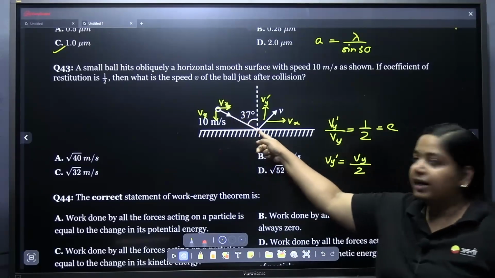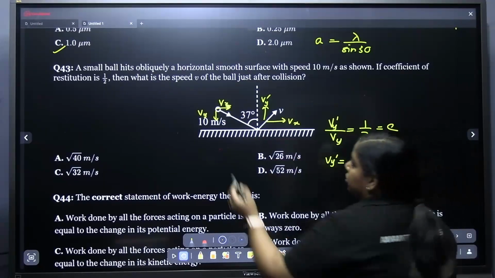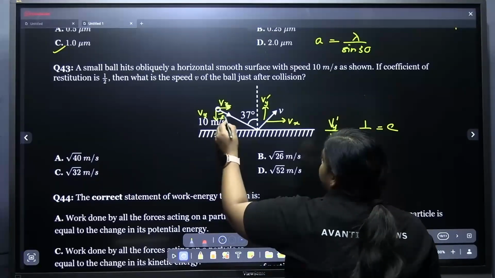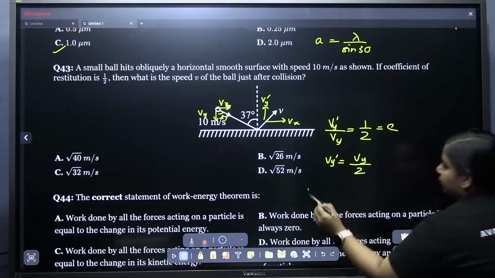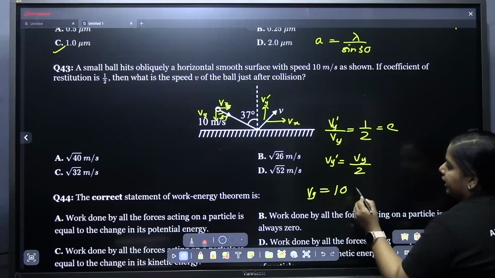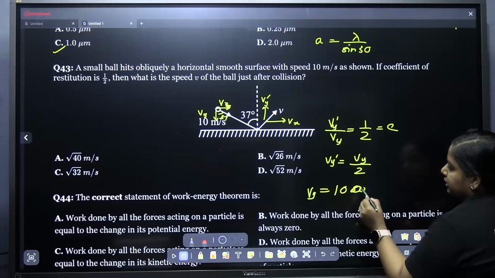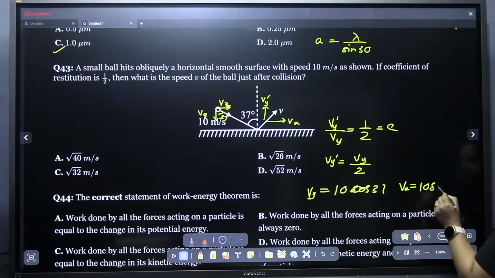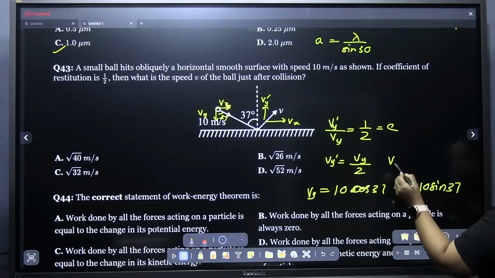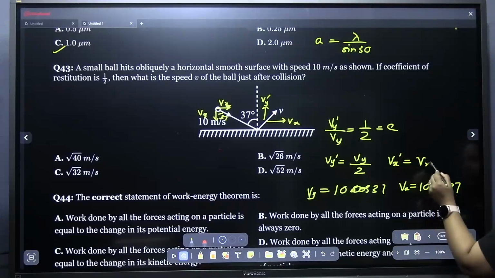From this, angle 37 is given, right? So this angle will be 37, and you can easily find Vy equal to 10 cos 37 and Vx equal to 10 sin 37. Vx dash is also equal to Vx.